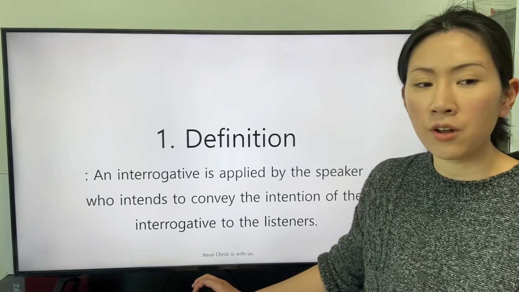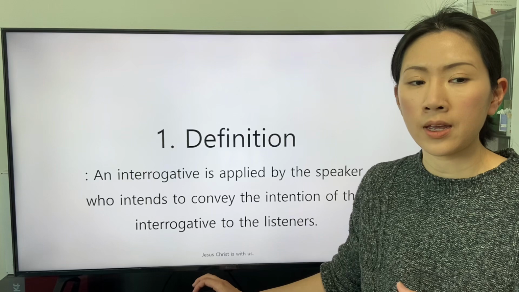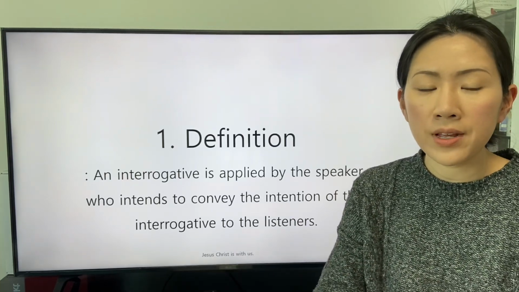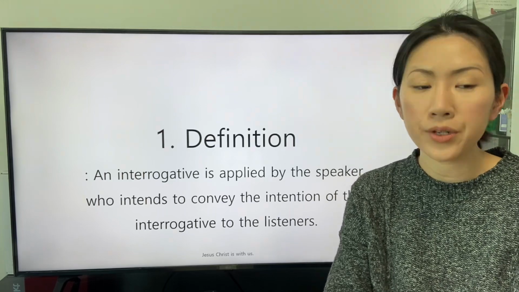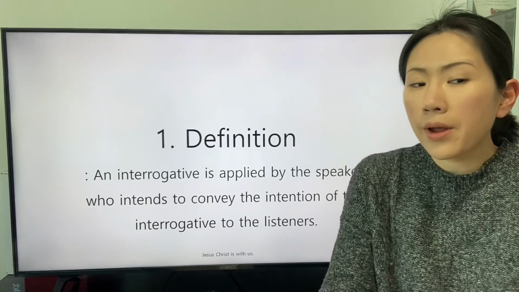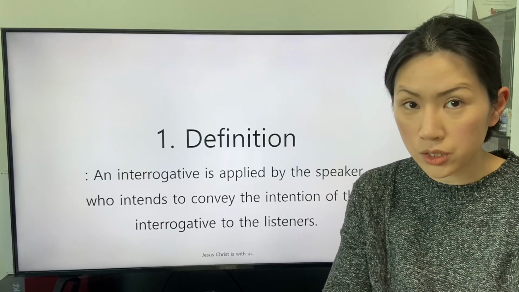The definition of an interrogative is this. An interrogative is applied by the speaker who intends to convey the intention of the interrogative to the listeners.